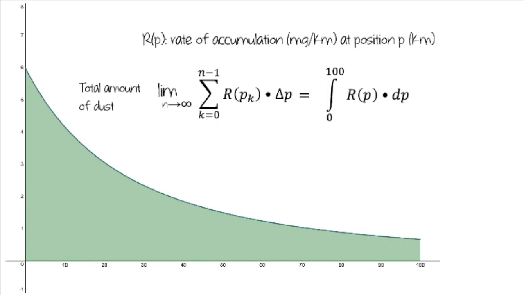This limit, which we call a definite integral, is another way of writing the total amount of dust that would accumulate if you added up amounts of dust that accumulate over all the infinitely small narrow intervals between 0 and 100 kilometers along the rover's path.